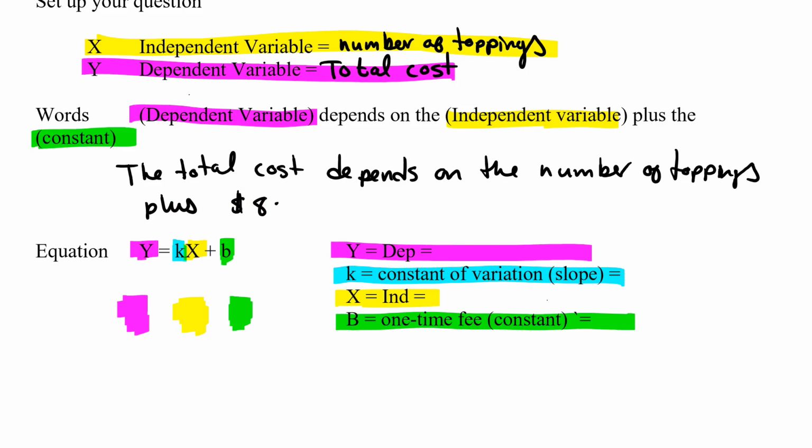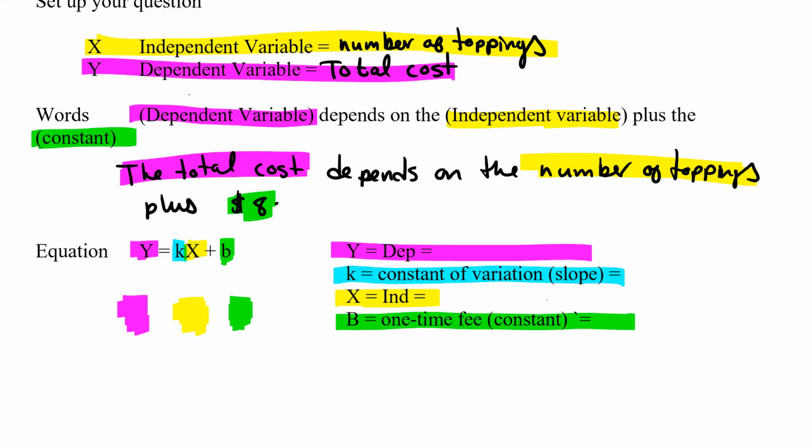If I want to keep that color code going, the number of toppings I'm going to highlight in yellow. The $8 I'm going to highlight in green. And the total cost I'm going to highlight in magenta.